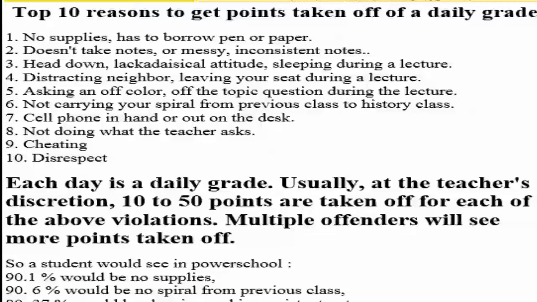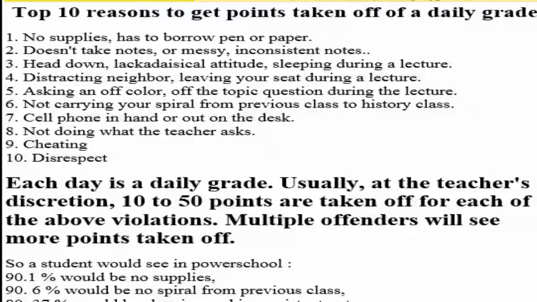Head down, lackadaisical attitude, sleeping during a lecture, distracting their neighbor, leaving your seat during the lecture. Look at number 5, asking an off-color, off-the-topic question during the lecture to try and distract the teacher. Not carrying your spiral from previous class to history class. Asking to go to the bathroom all the time. Having your cell phone out, on the desk, or in your hand.